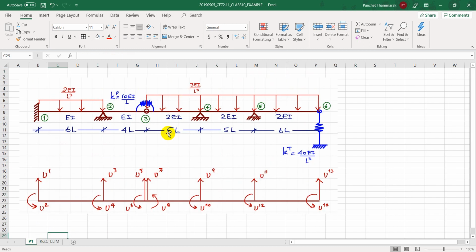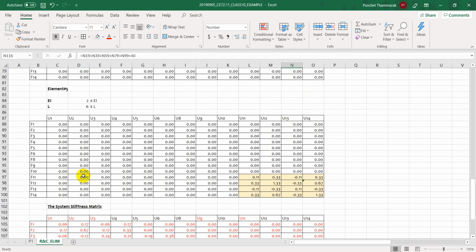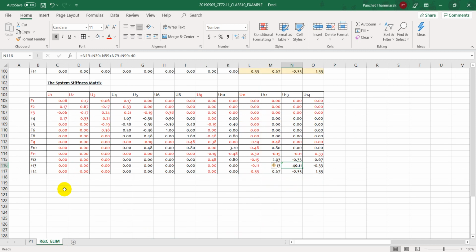The last one is this rotational spring. But this rotational spring connects between degree of freedom number 6 and degree of freedom number 8. So we will construct the stiffness matrix for this one, which is basically going to be pretty much like a truss.